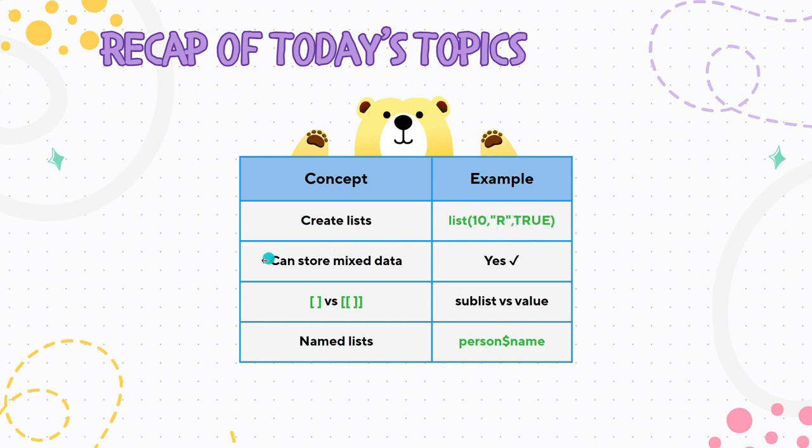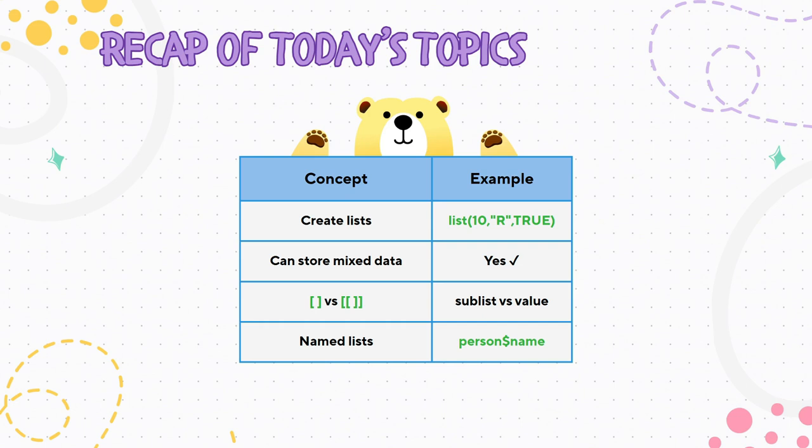And yes, we learned that lists can store mixed data, and we learned the difference between using a single bracket and using a double bracket while accessing the list element. That is, the single bracket returns us a sublist, and using double brackets gives us the actual value. And then finally we learned about named lists as well and how you can access those values of the named lists.